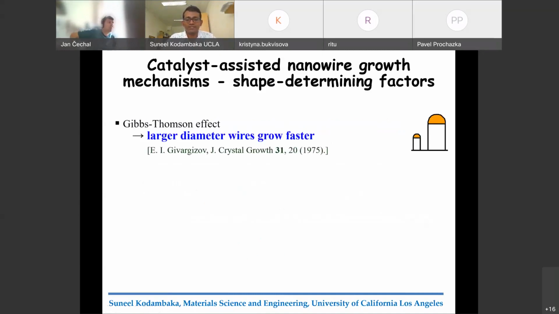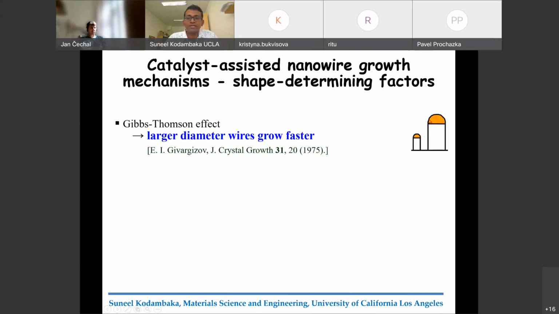And so here is a summary of how the nanowire growth would change with the size of the wire and what you should expect to see. If the Gibbs-Thompson effect that I mentioned in the last lecture plays a role, meaning the vapor pressure associated with a given droplet, which again increases exponentially with the curvature of the droplet, if that is influential in the growth, then the larger diameter nanowires will grow faster.